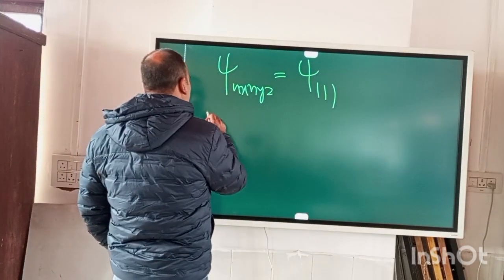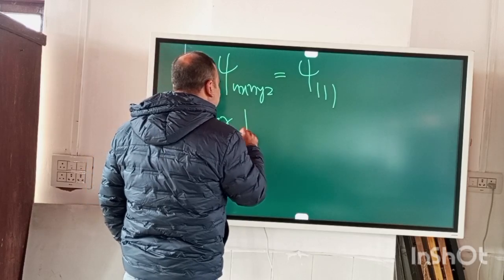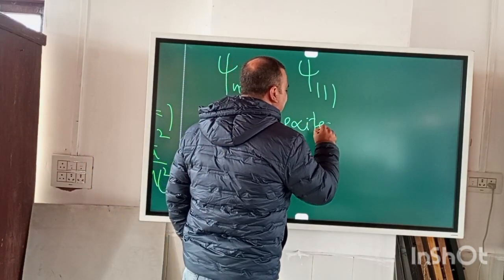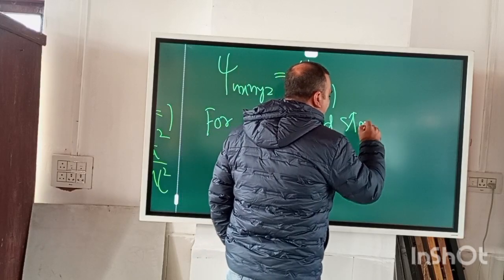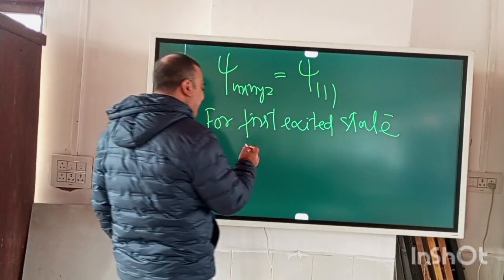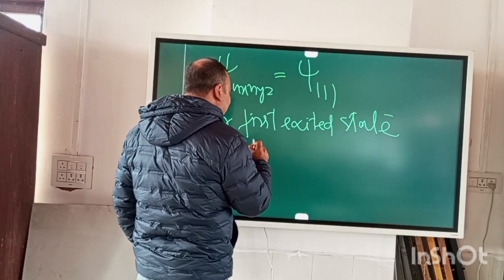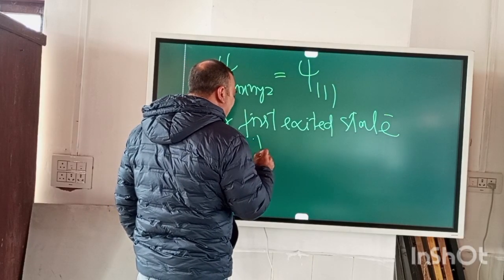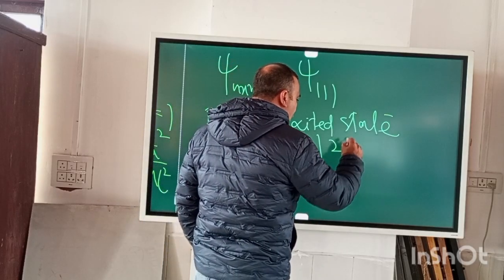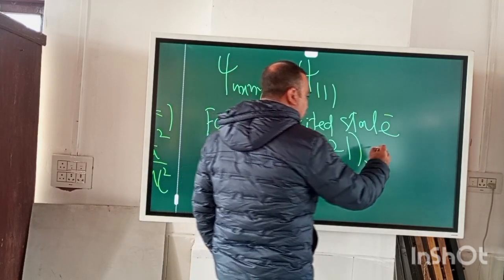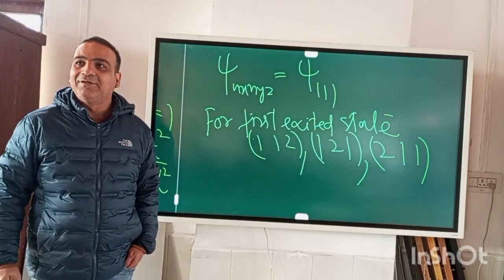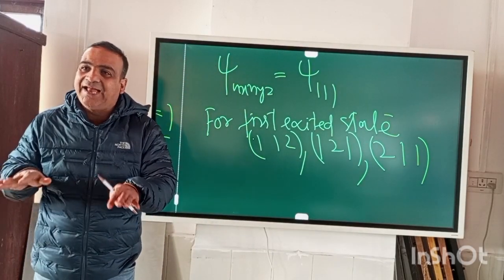Now, if I take the first excited state, the possibilities are 1, 1, 2; 1, 2, 1; and 2, 1, 1. These are the possibilities for the first excited state.